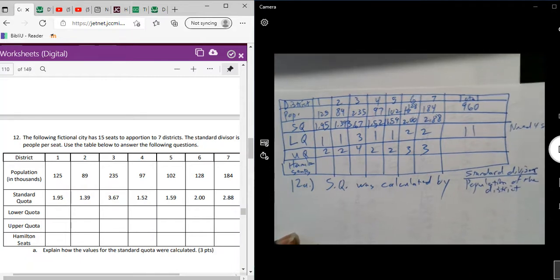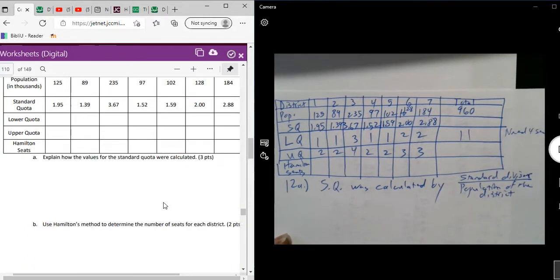That's how it was calculated. All right. So now B.